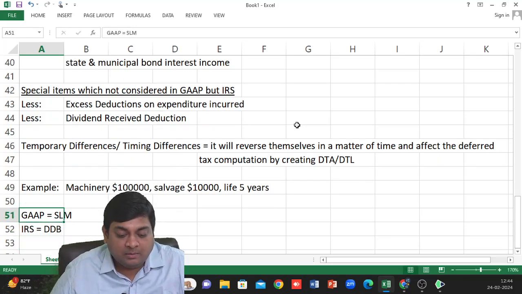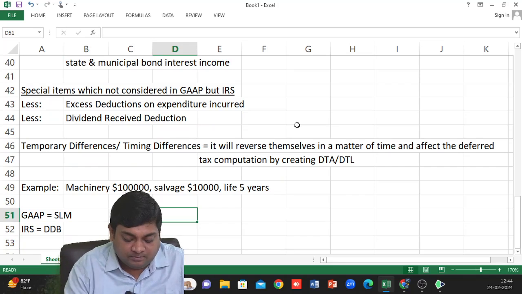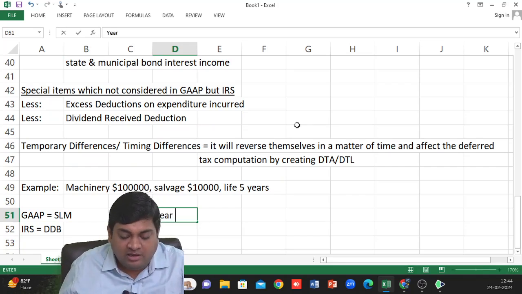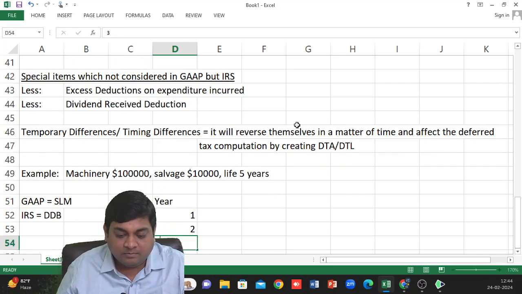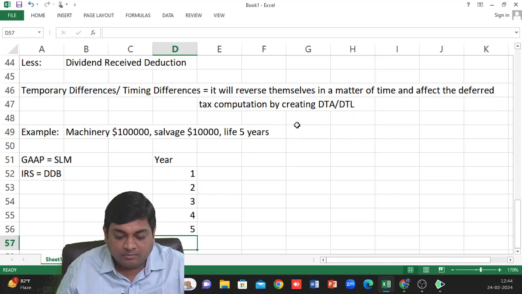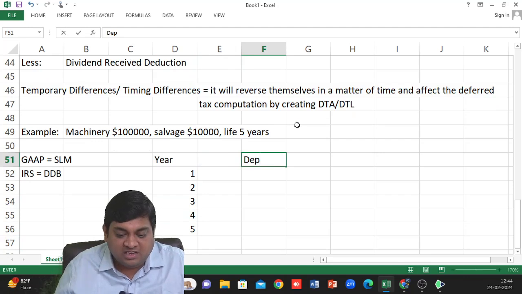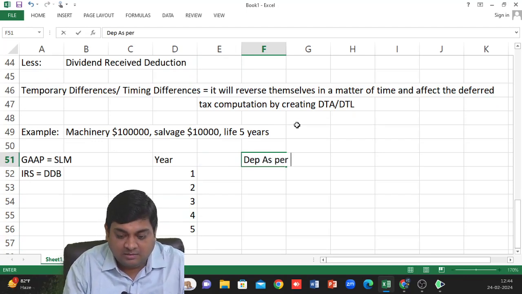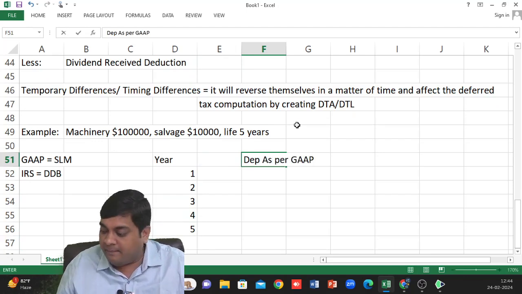Now tell me, year on year, what is depreciation as per GAAP?